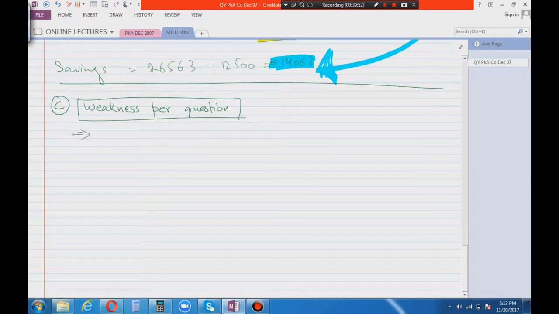The first one, credit allowed, and then you can say it to the examiner that credit allowed 30 days, but customers pay normally in 75 days.